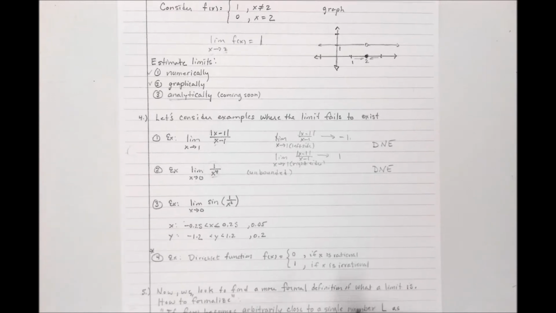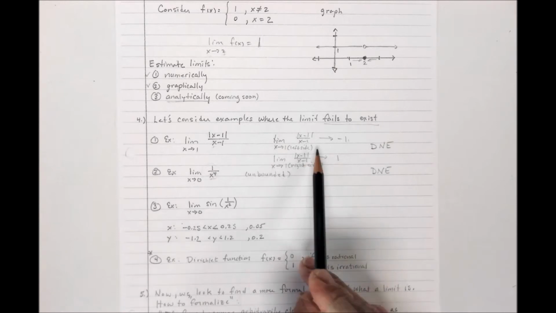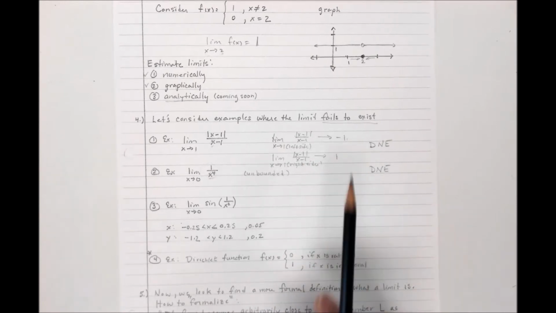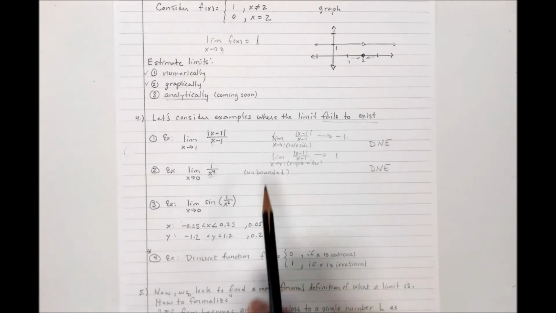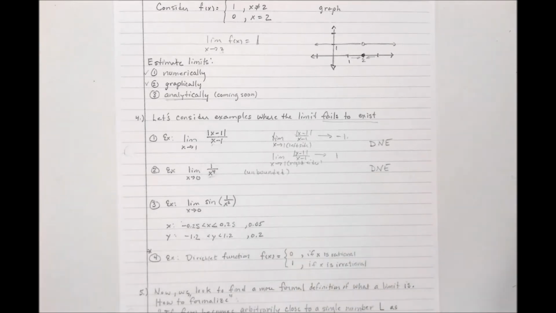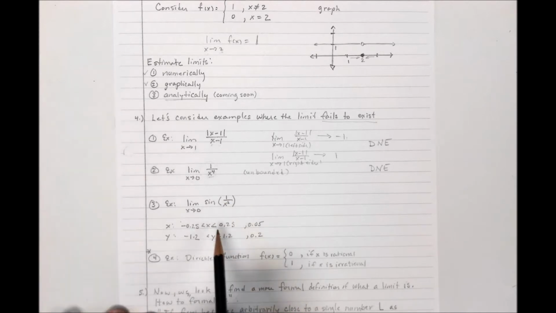Now, we can have a limit fail to exist if it's not a single limit. It has to be unique, or if it's unbounded. And this last one is a strange guy, and you're definitely going to want to see the graph of this. What happens if we take the limit as x goes to 0 of the sine of 1 over x squared? As x goes to 0, we already know that 1 over x to the 4th gets bigger and bigger and bigger.